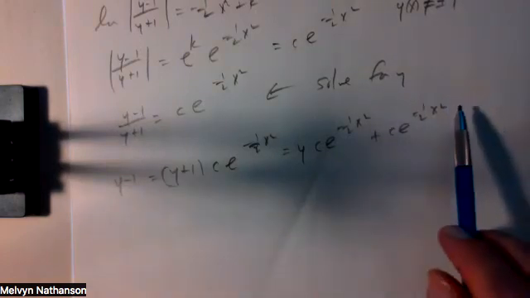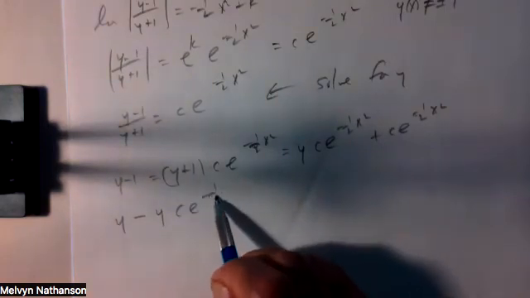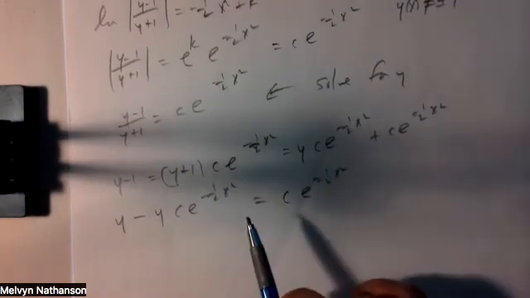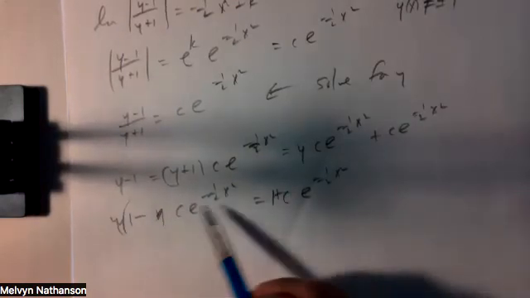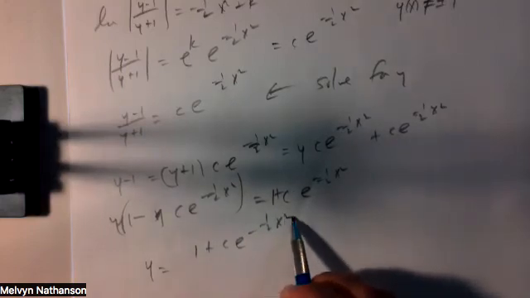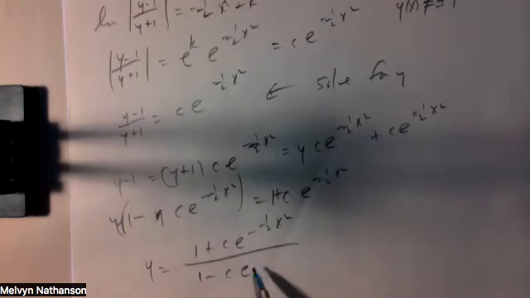So if I bring the 1 over to the right and this over to the left, I get y minus y c e to the minus a half x squared equals c e to the minus a half x squared plus 1. If I factor out the y, I get this, and if I divide by this, y is equal to 1 plus c e to the minus a half x squared over 1 minus c e to the minus a half x squared. And that is an explicit solution of the differential equation.